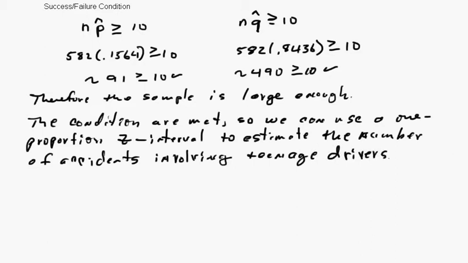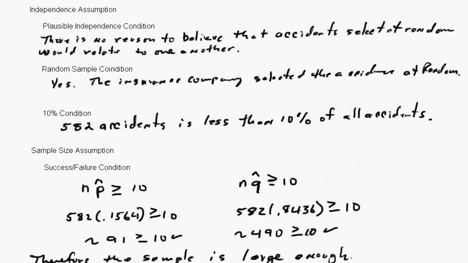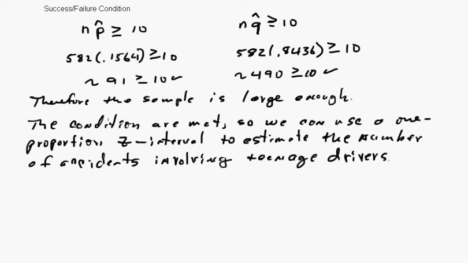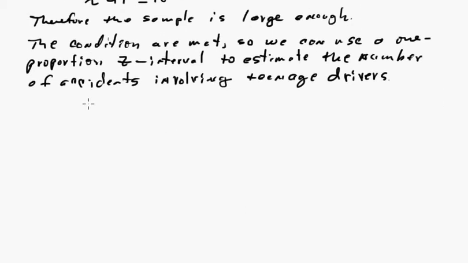Okay, so now we're making a transition from checking the conditions to doing the computations, and we're introducing the model. I'm always in teacher mode, so the confidence interval is always an estimate plus or minus a margin of error.